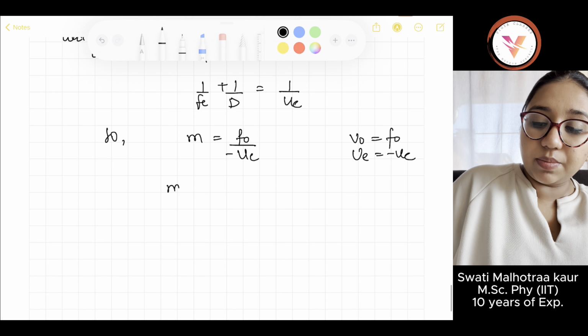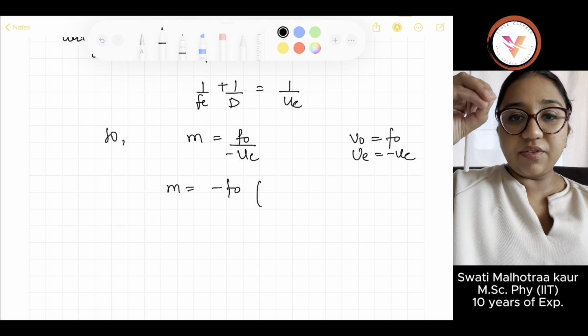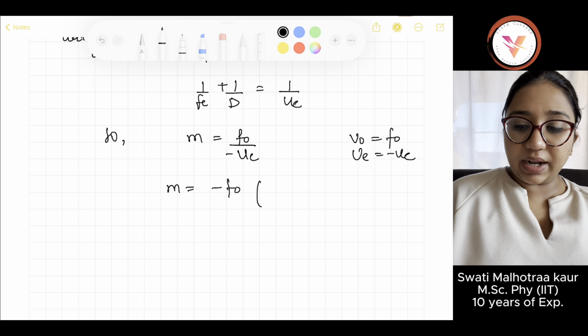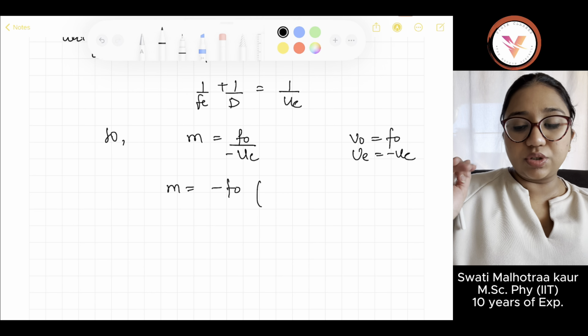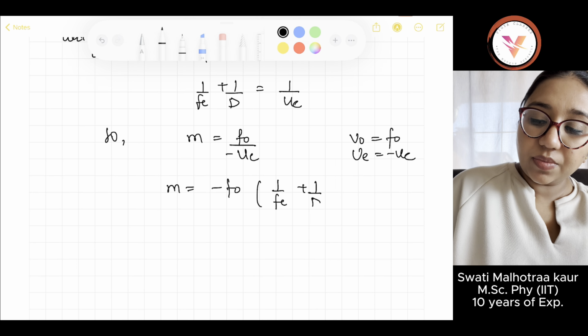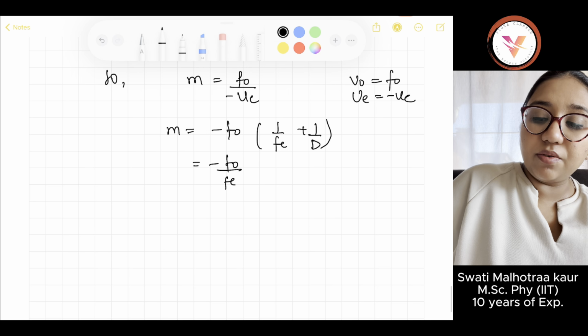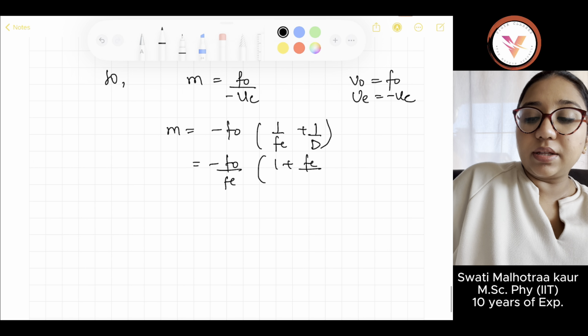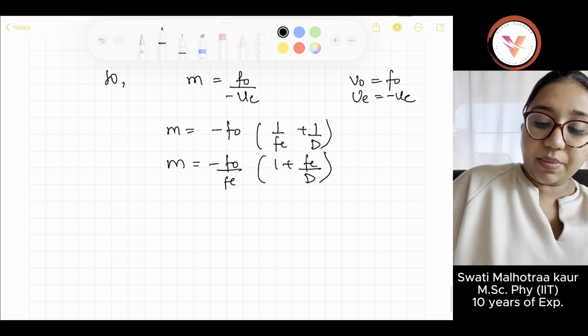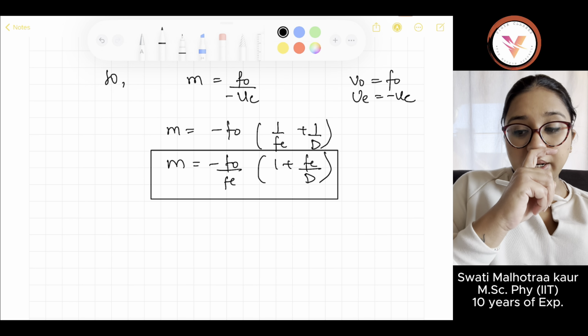So magnification will become minus FO. First, you will have to put the values as per tan alpha and tan beta, and then use sign convention. And 1 by UE will become 1 by FE plus 1 by D. If you take FE out, then it becomes 1 plus FE by D, which is the magnification at least distance of distinct vision for a telescope.